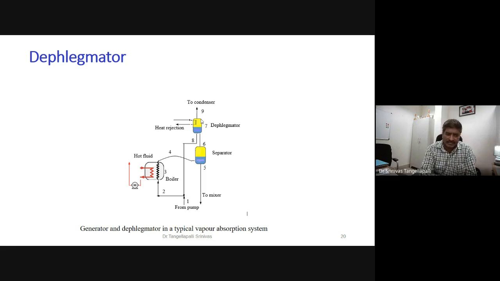Got it? 100 minus 80. So the actual distillation divided by the maximum extent of distillation, which is the target of 100%, you may define as the performance condition. We can't say COP. This is a performance condition. I will give you some name for the dephlegmator.